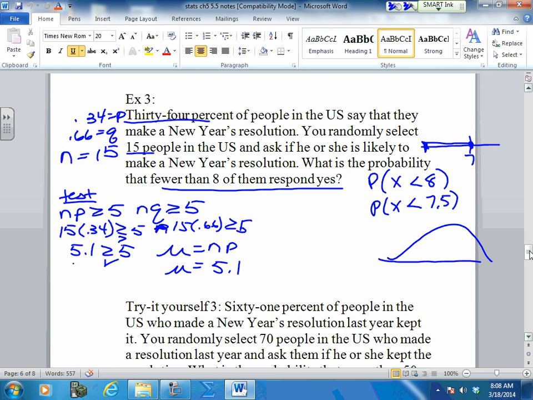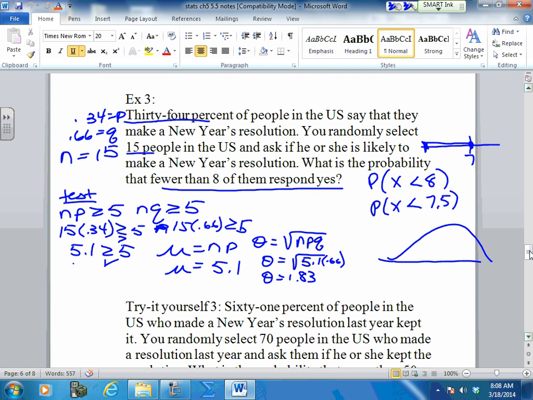And your standard deviation is the square root of N times P times Q. You already know your 5.1, and we're just going to multiply that by your 0.66 and take the square root. So let me cheat and go to that page. And so 1.83.